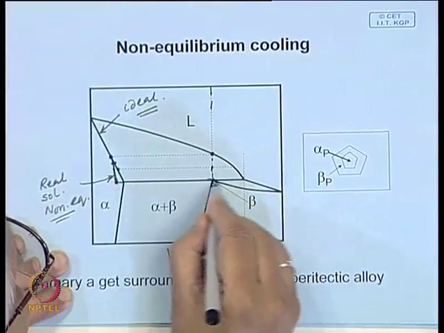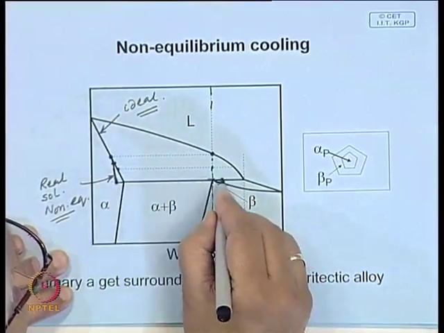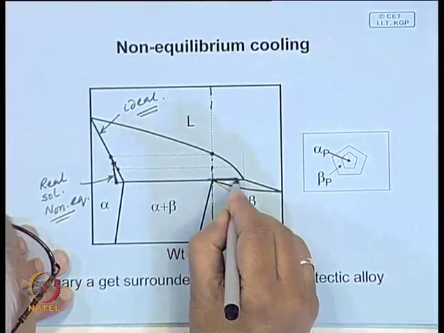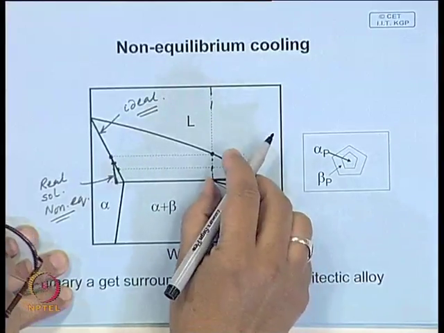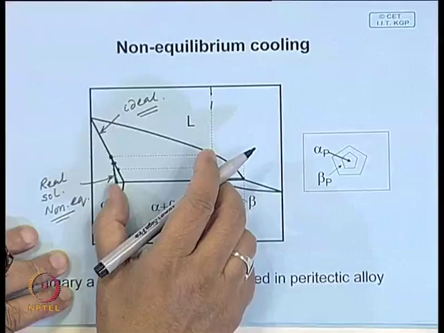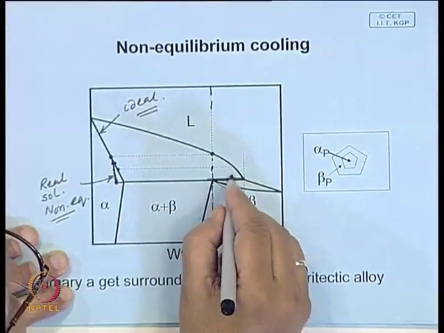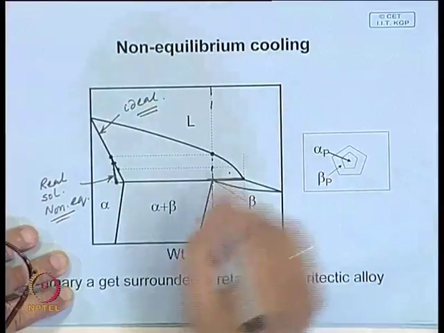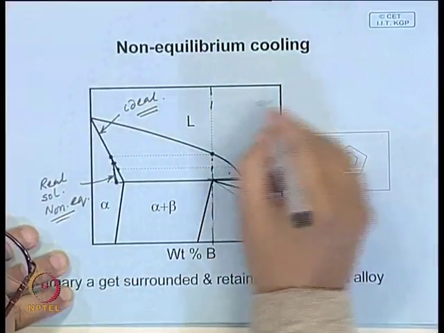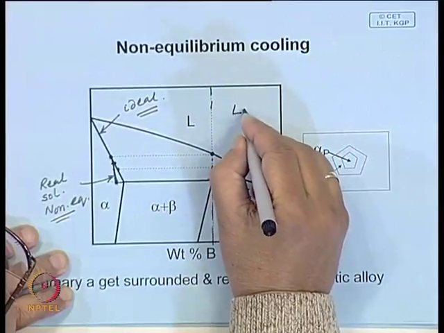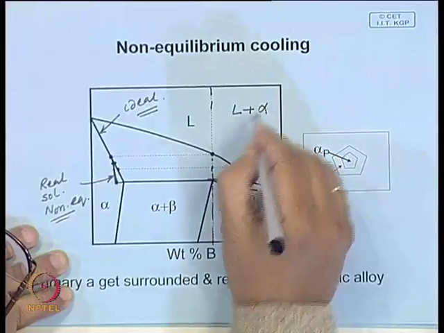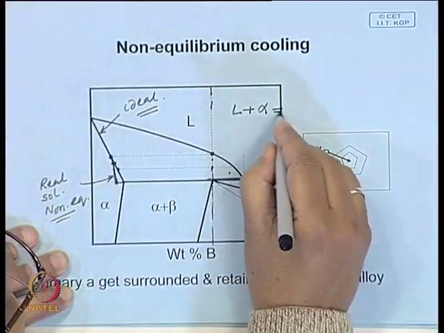The amount of solid at the peritectic temperature is proportional to this part, and the amount of liquid is this part. What happens now is that this amount of solid alpha at the peritectic temperature, that is, the liquid, will react with that alpha and will give you beta.